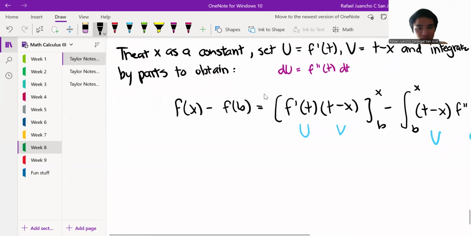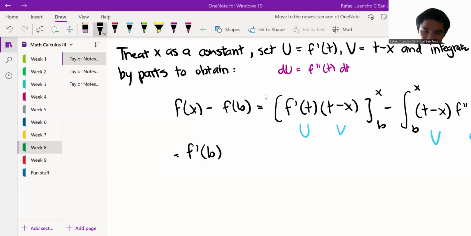I don't like this, f prime of b. What? Oh, because if I plug in an x, everything's just 0. And then why is this not negative though? Oh, you plug it in t.